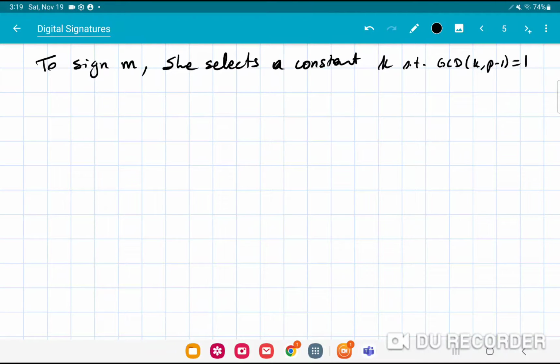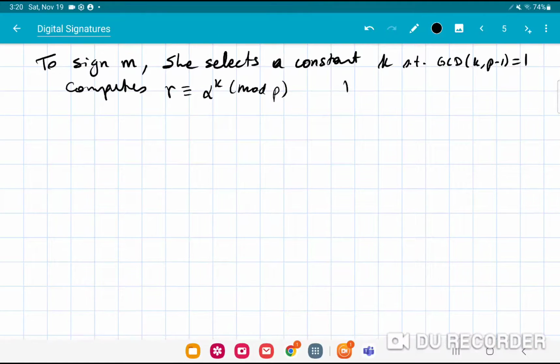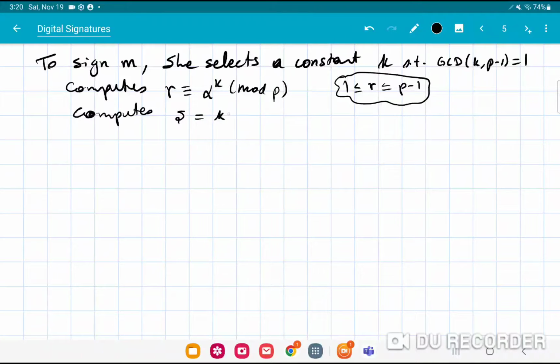All right, so k is picked, and now she's going to compute r, which is alpha to the power of k mod P. So r is a number between 1 and P minus 1, because it's mod P. She also computes S, which is k inverse.